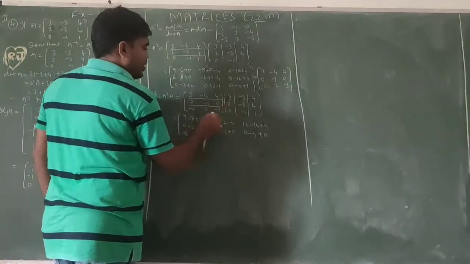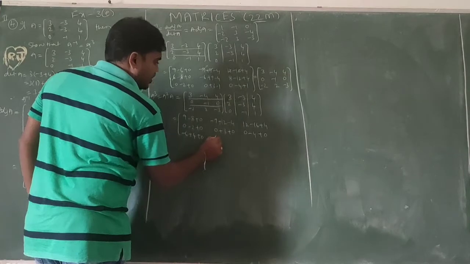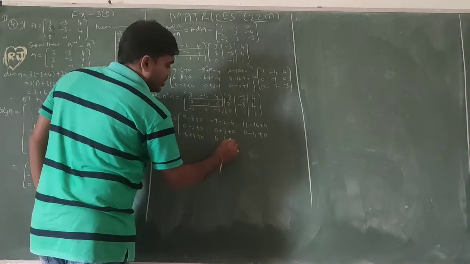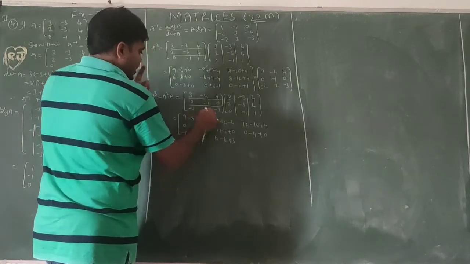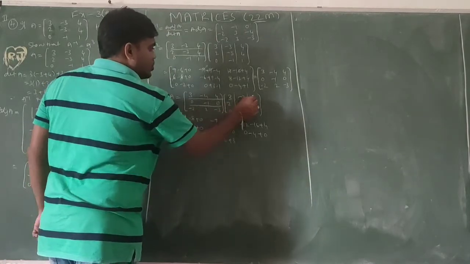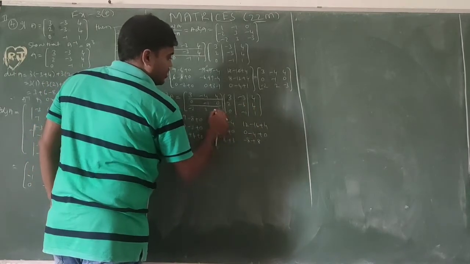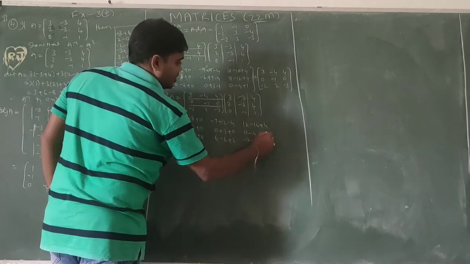Third row second column: minus 2 into minus 3 plus 6, 2 into minus 3 minus 6, minus 3 into minus 1 plus 3. Next third row, third column: minus 2 into 4 minus 8, 2 into 4 plus 8, minus 3 into 1 minus 3.